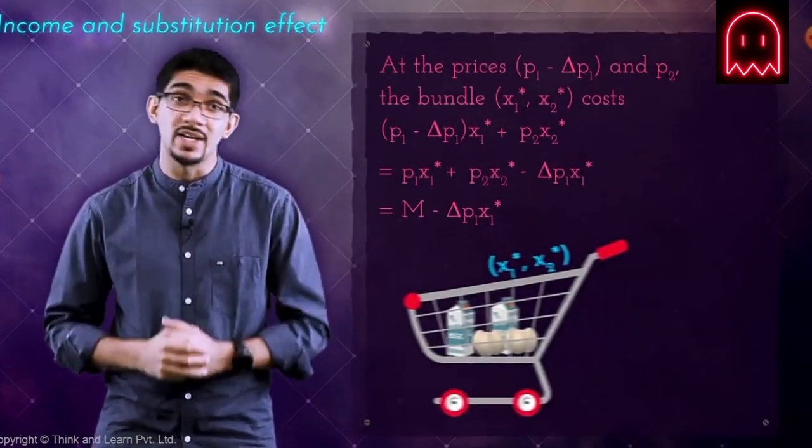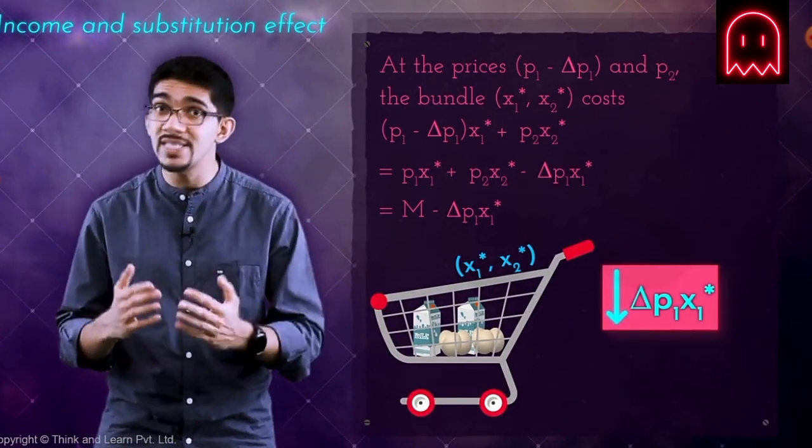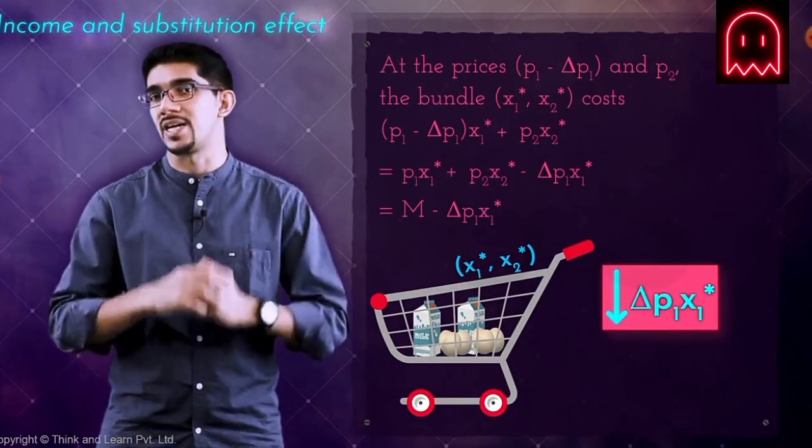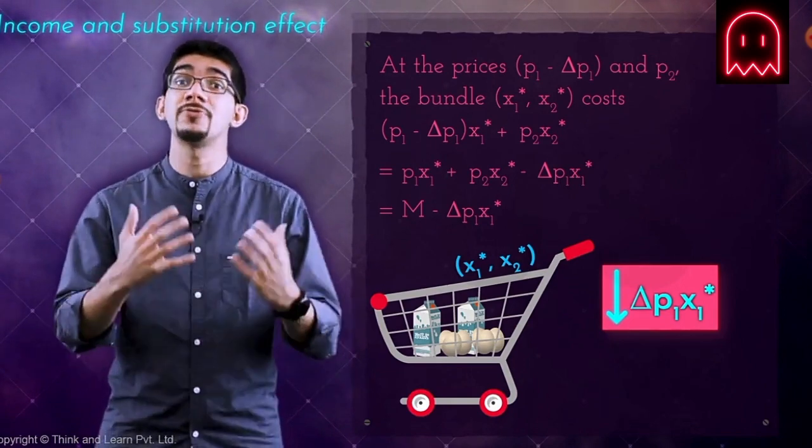The original bundle thus costs a bit less due to the drop in prices. By how much? Delta P1 X1 star. So delta P1 X1 star is the additional income here due to the fall in price.